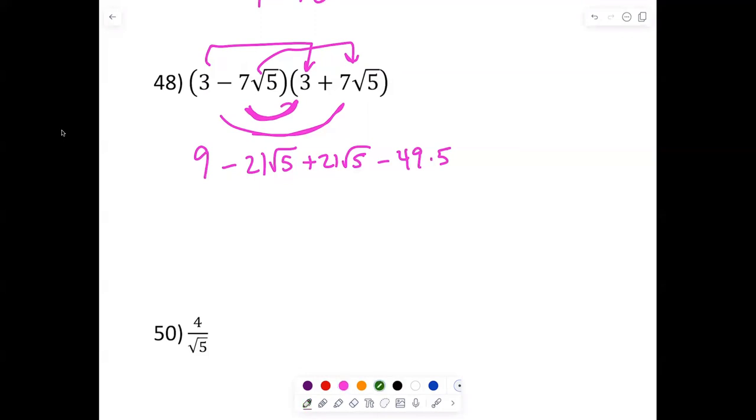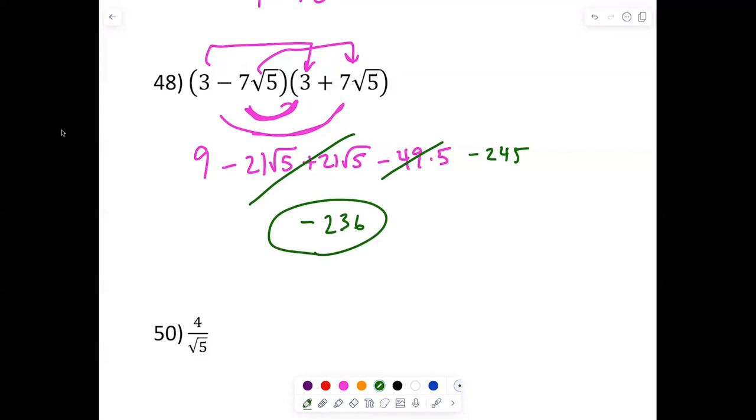What's nice about the middle terms? Beautiful. So 49 times 5. Negative 245, right? So 9 minus 245. Anybody else get negative 236?